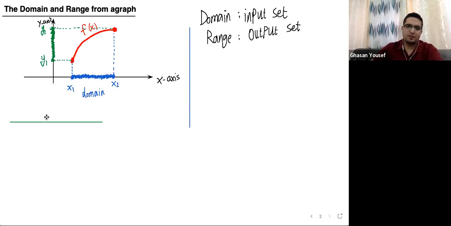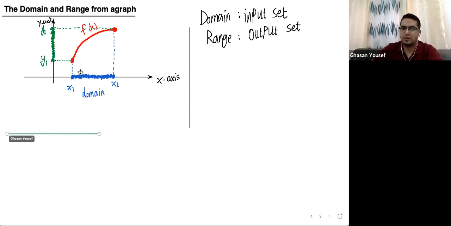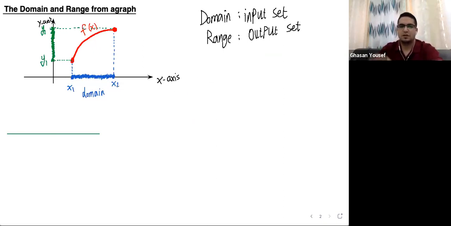Any questions for the domain and the range? So now, by using the graph, if we have the graph of the function, we can know what is the domain and we can know what is the range. Do you have any questions for this?